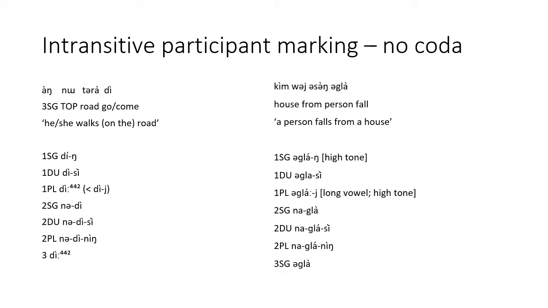Notice the long vowel with first person plural associated with the ya suffix, and the high tone with first person singular and the nga suffix, and the falling tone with third person and second person singular.